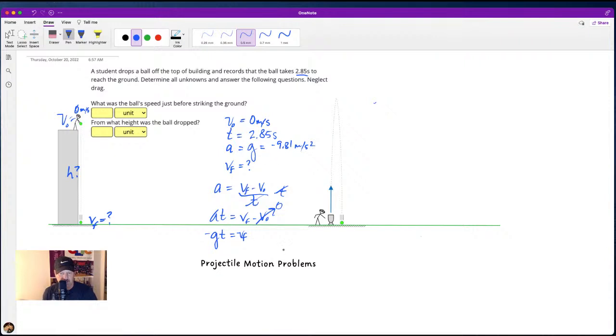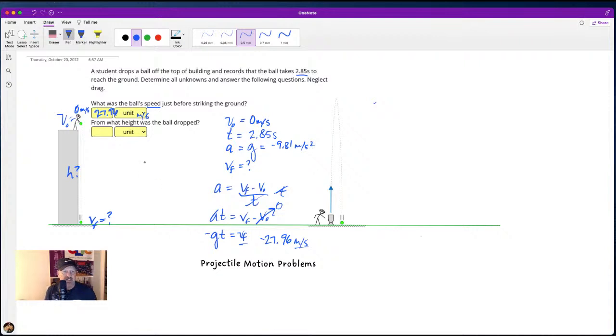So V final is negative 27.96 meters per second. Sorry, not meters per second squared, meters per second. So what was the ball speed just before striking the ground? I don't remember if this needs a negative number, but since it says speed, that might imply no negative is necessary. So this is going to be 27.96 meters per second.